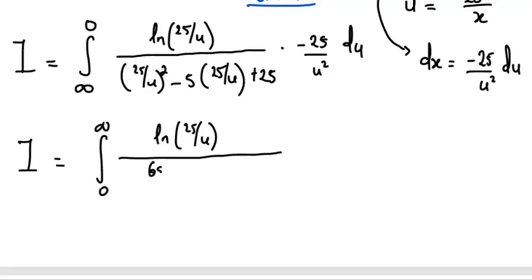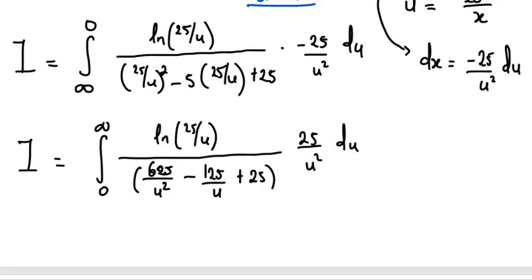Then negative 5 times 25 is giving us 125, then divided by u. Don't forget that. Then plus 25. Don't forget we have 25 divided by u squared, and then we have our du. This is really cool. So what is next?